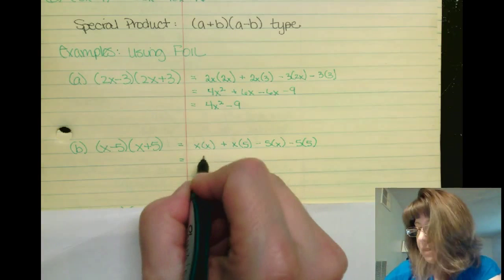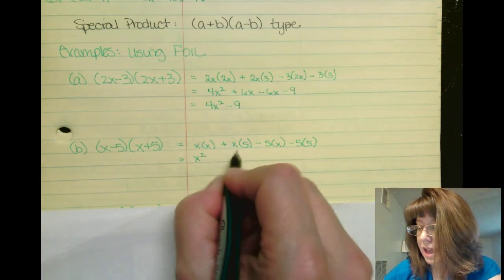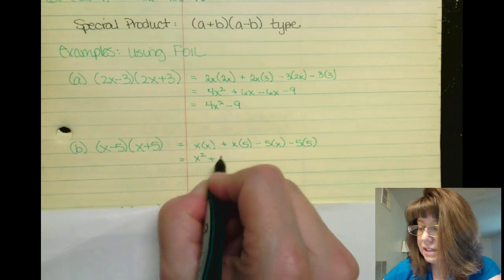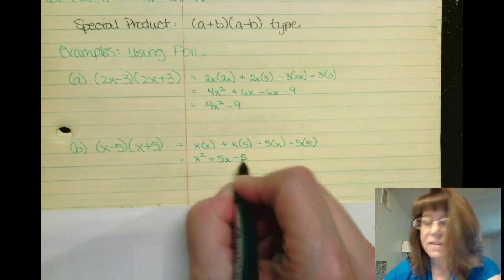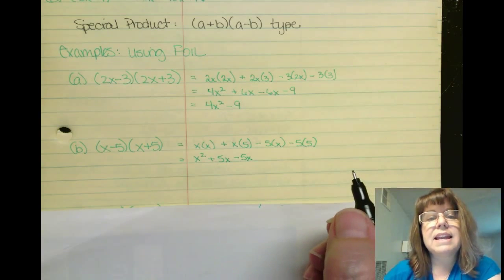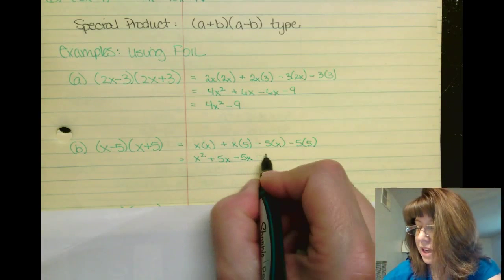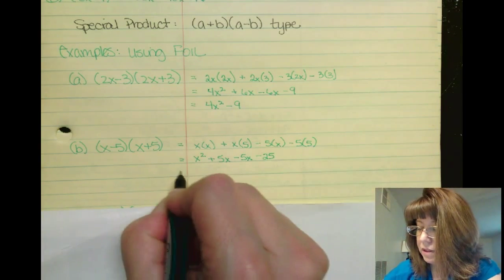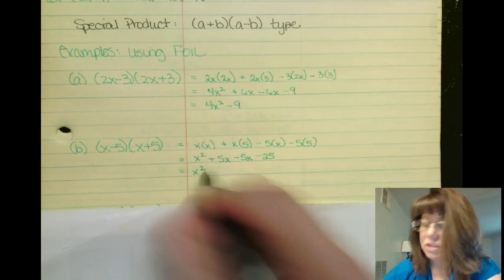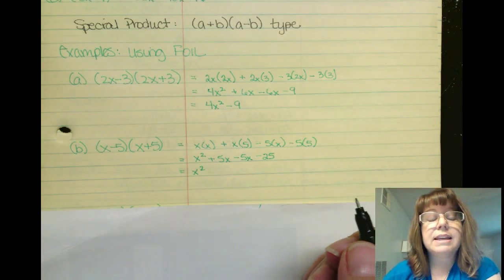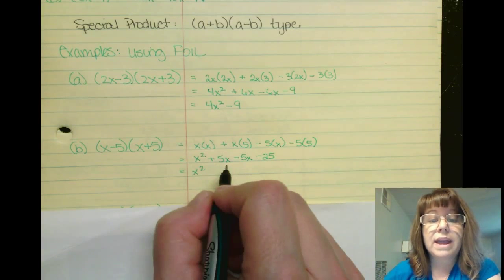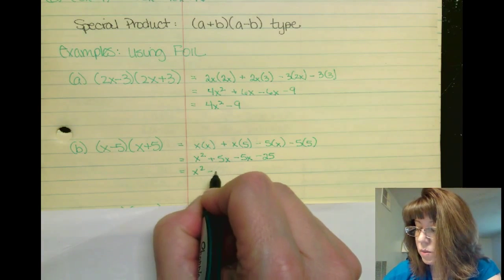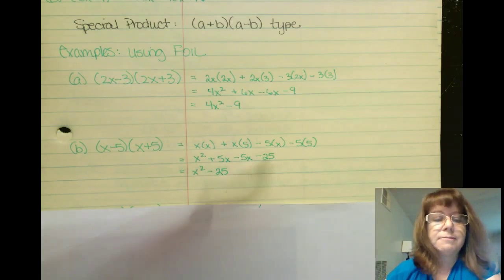X times x is x squared. X times 5 is 5x. Negative 5 times x is negative 5x. And lastly, negative 5 times 5, negative 25. Combine like terms. Again, I have a positive 5x minus 5x. Those go away. And I'm left with x squared minus 25.